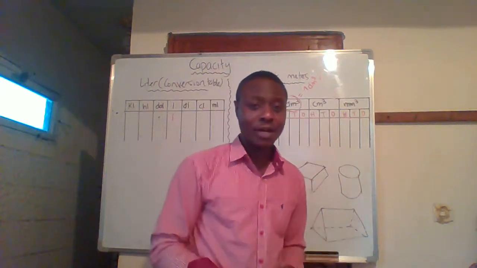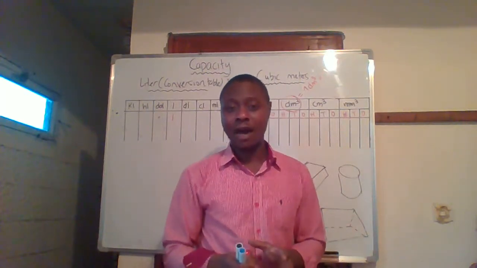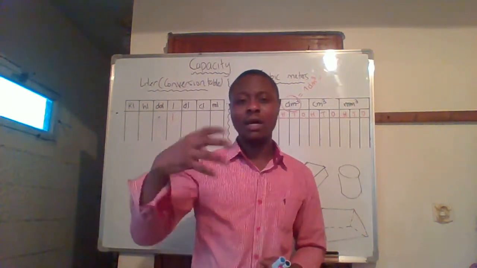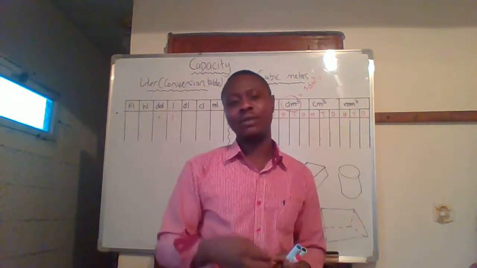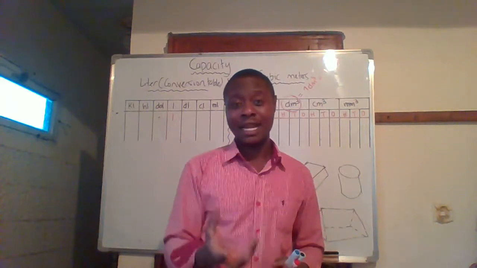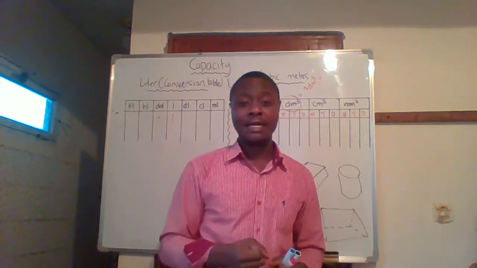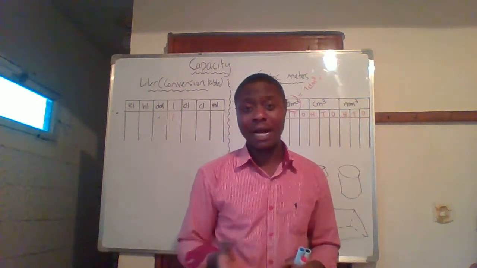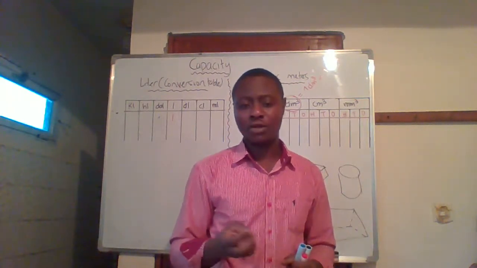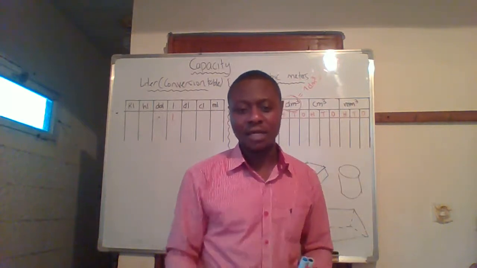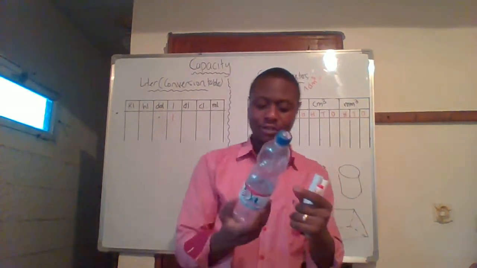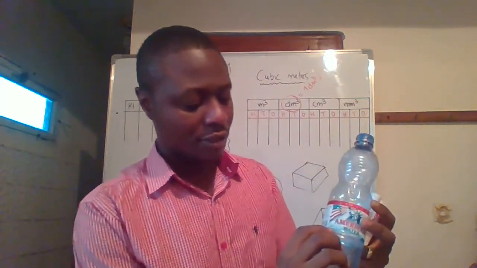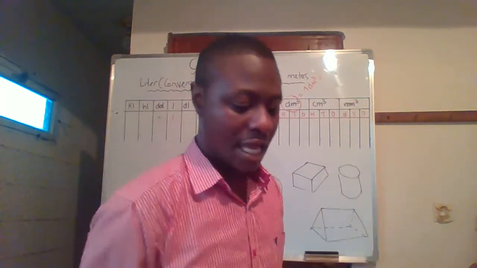We're going to consider the unit of capacity. Capacity itself is the amount of liquid that a container can hold. And you already know that whenever you buy a bottle of something, there's always something written there in terms of liters, like 750 milliliters.